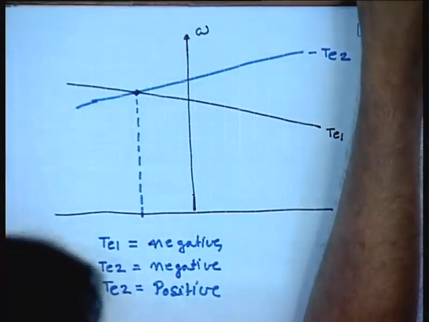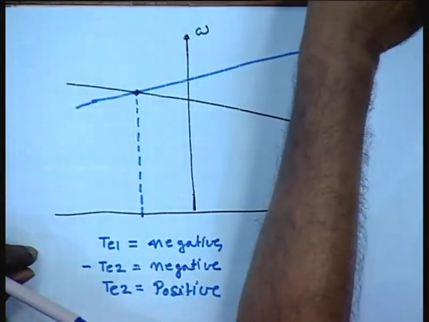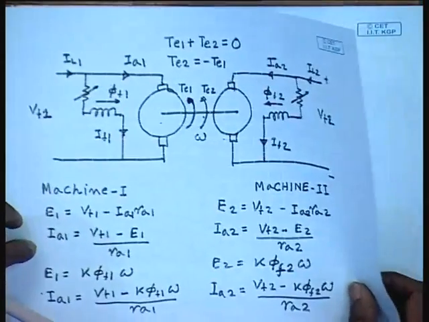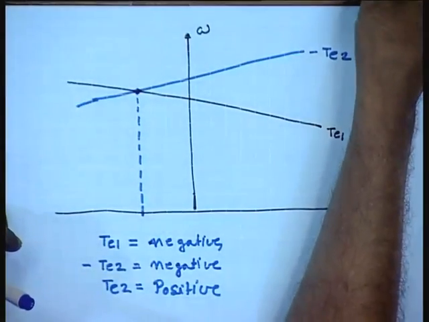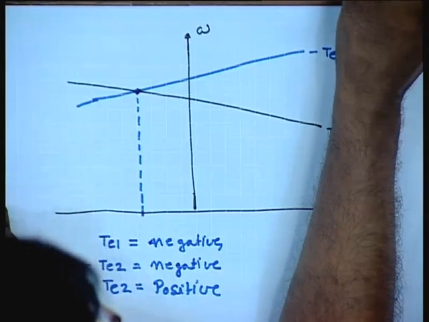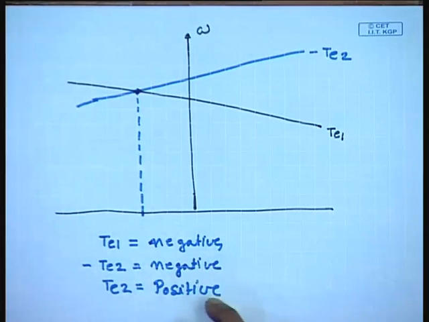Hence, in this case T_E1 is negative, that means the torque generated by machine 1 is opposing motion, hence it is operating as a generator, while torque generated by machine 2 is positive, it is assisting motion, this is operating as a motor.